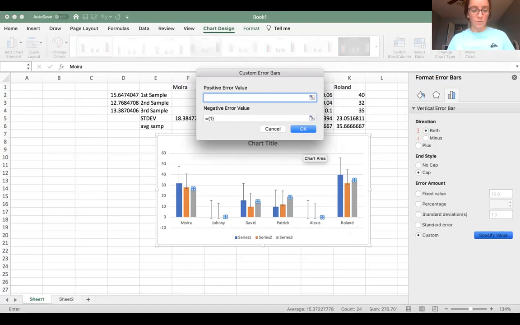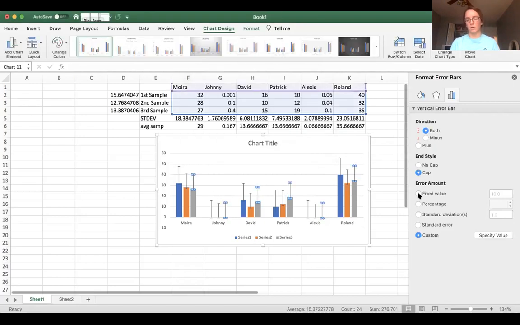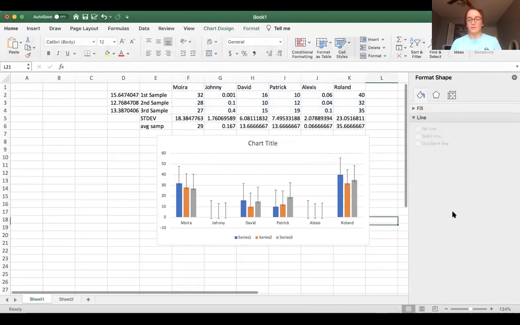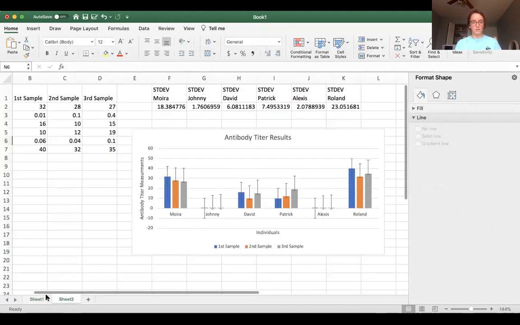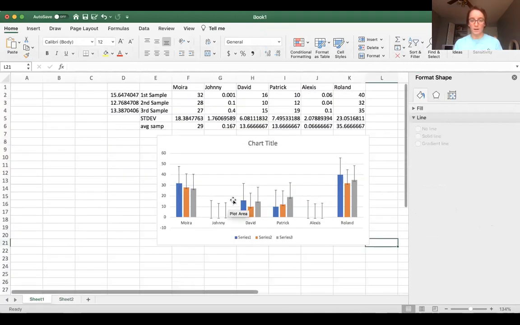So you can see I'm doing all of these as positive error value bars because all of the standard deviations I calculated were positive, none of them are negative. So you can see that this is the same as I got here. This is how I got my standard deviation bars, and now I'm going to be presenting my presentation.